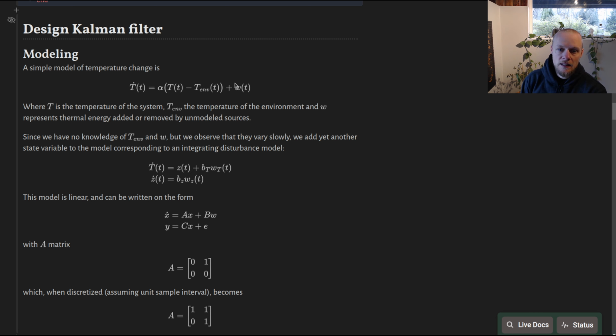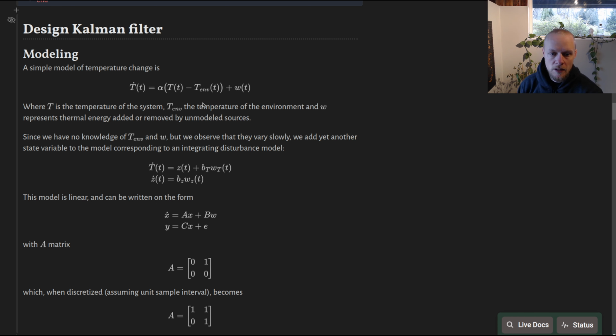So if I had just used this first order model in my Kalman filter, then this would have to be treated as Gaussian white noise. But we know that T_e and W together do not appear to be Gaussian white noise. Instead, they appear to vary slowly.